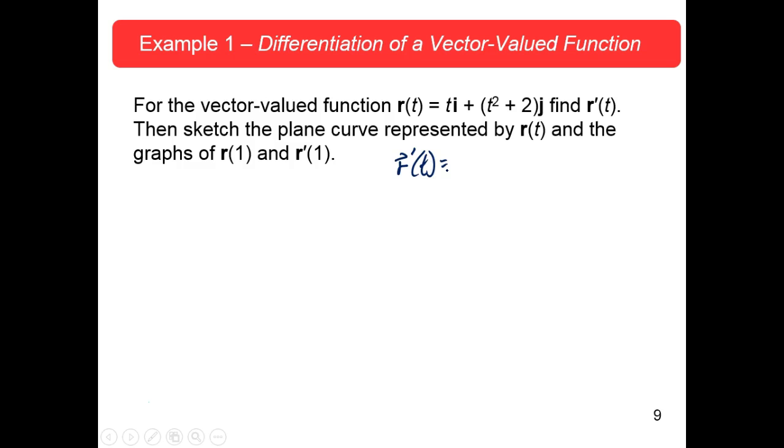You tell me. There's your r of t. Find r prime of t. I, you got it, plus 2t j. Perfect. That's it. Then sketch the plane curve represented first by r of t.